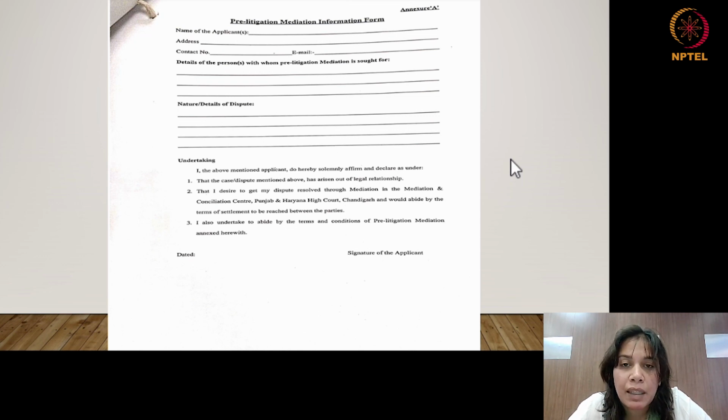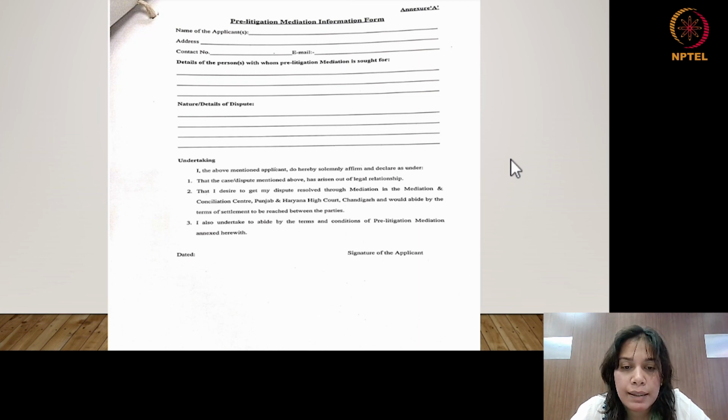So, firstly, the party will have to say that the dispute has arisen out of a legal relationship and that they desire to get their dispute resolved by means of pre-litigation, at the Mediation and Conciliation Center, Punjab and Haryana High Court. Since this form has been taken from that Mediation Center, it says Mediation and Conciliation Center, Punjab and Haryana High Court, and would abide by the terms of the settlement reached between the parties.